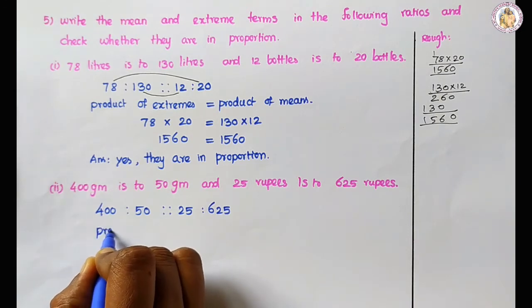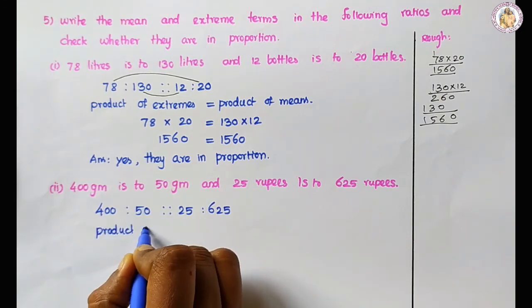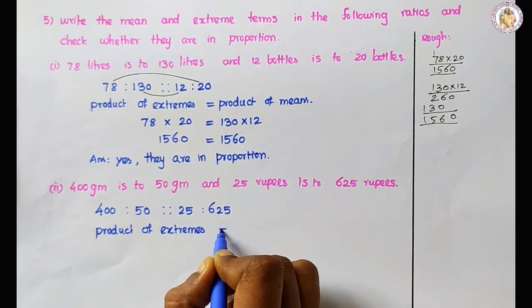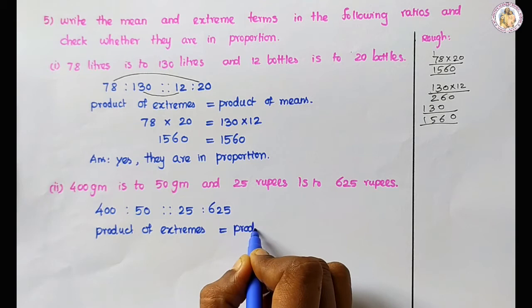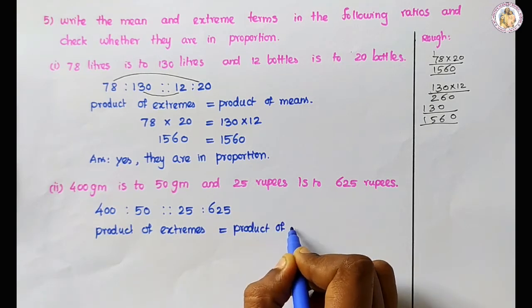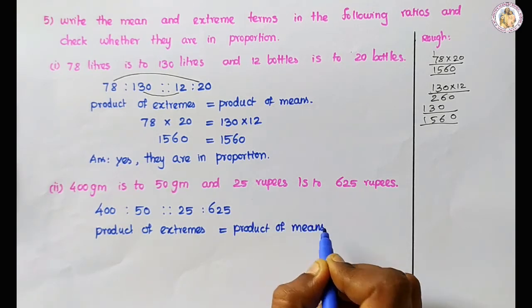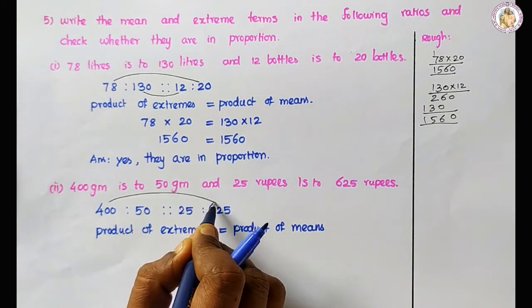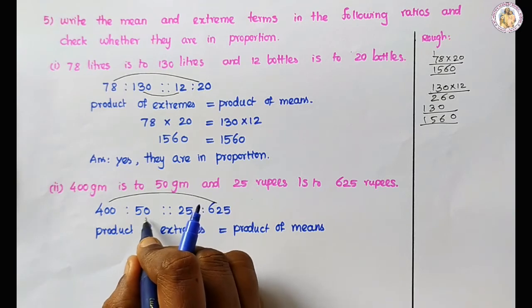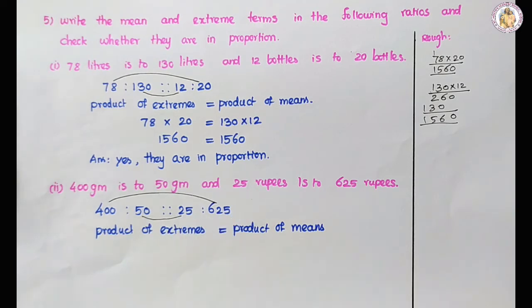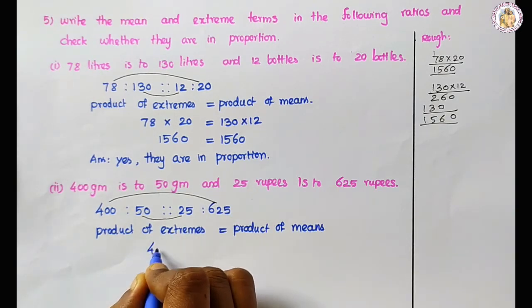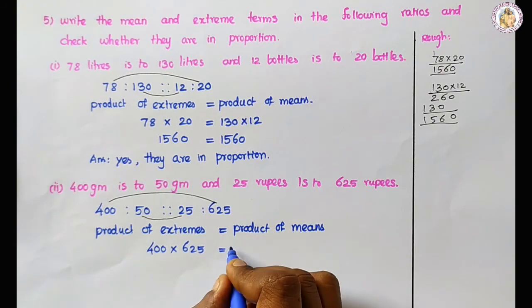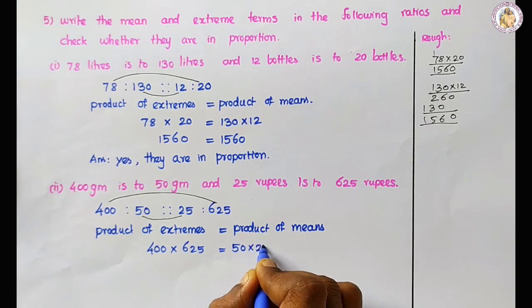So product of extremes equal to product of means. Here 400 into 625 and 50 into 25. Listen, 400 into 625 equal to 50 into 25.